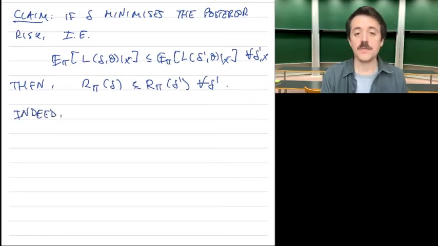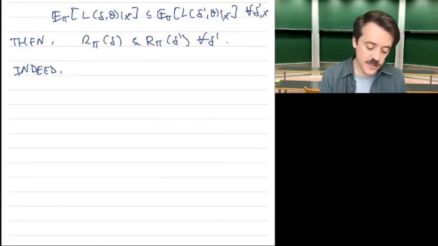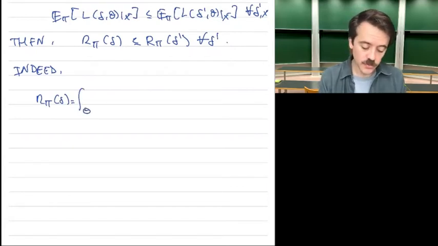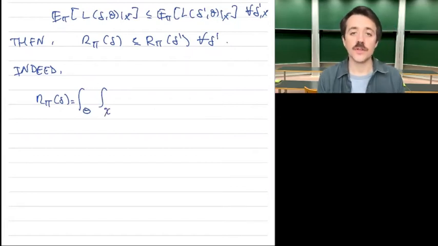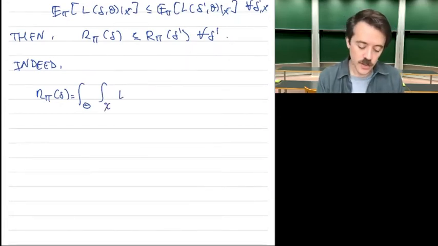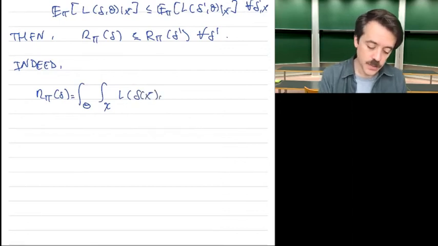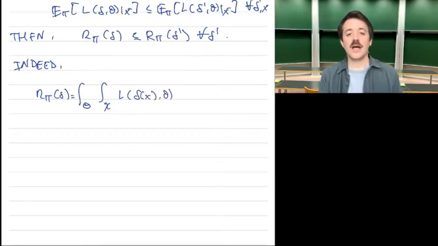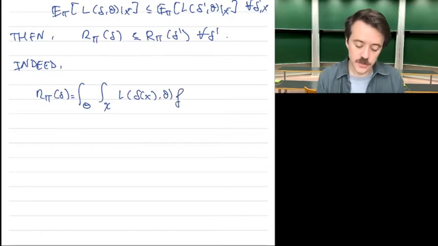Indeed, what we have is that R pi of delta is equal to the integral over the parameter space, and then another integral over the sample space, of the loss function, with lowercase x and capital X, theta. And so firstly, we integrate with respect to the PDF.